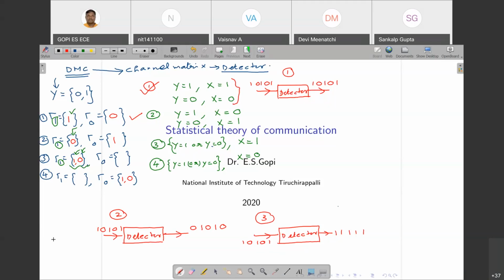And finally we have this fourth option. You have this detector block, and you are going to have this 1 0 1 0 1 as an input. In that case, irrespective of whatever you receive, you are going to detect it as what?